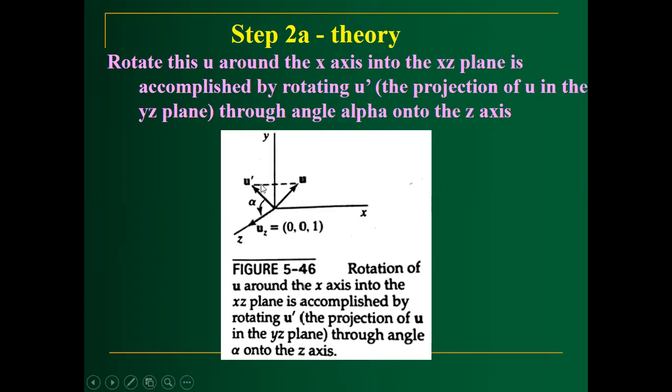This u dash is just the shadow of u, I'll tell you. Rotate this u around the x-axis such that u comes to xz. This is accomplished by rotating u dash, the projection of u in the yz plane, through an angle alpha onto the z-axis.